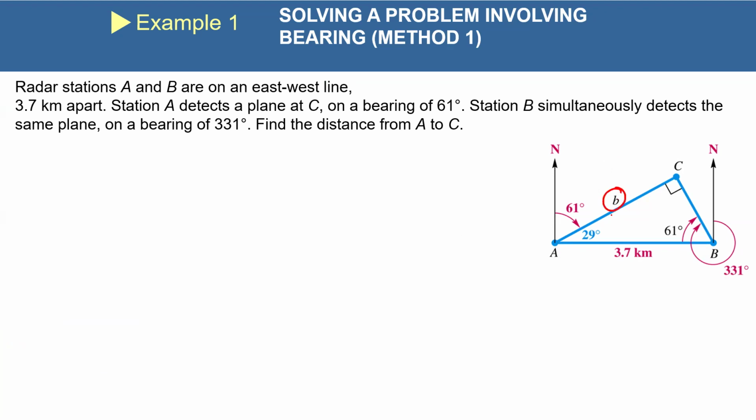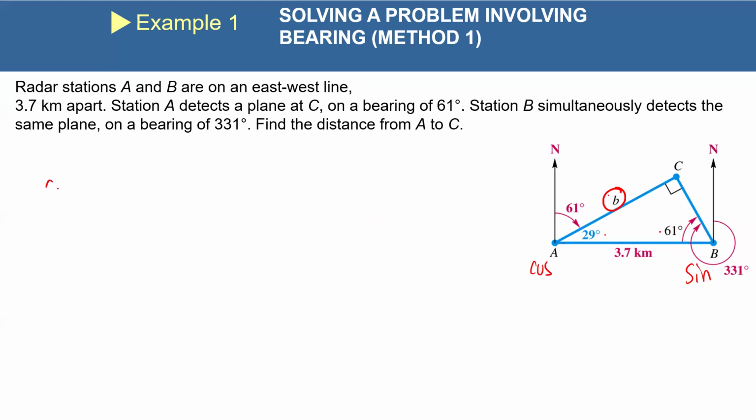Based on our given information, we have an angle here and an angle there. Does it matter which one we use? No, it doesn't. If I use angle A, what's the relationship between b and A? Adjacent over hypotenuse, so I would use cosine. If I use angle B, what's the relationship? Opposite over hypotenuse, so I would use sine. Either one is going to be the same.